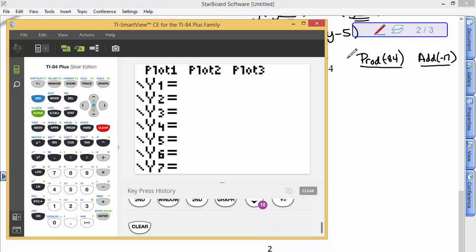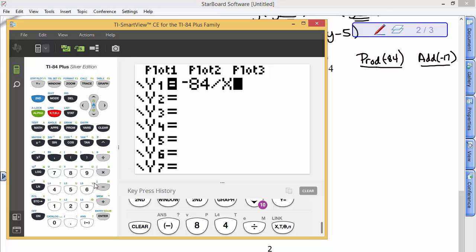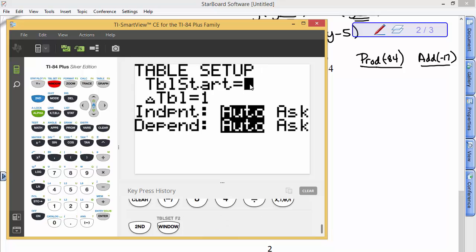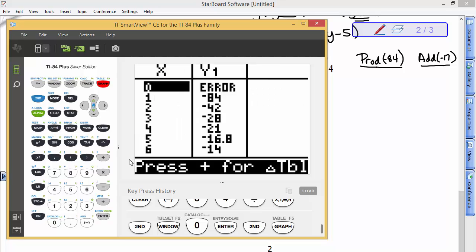If you tell the calculator to take a negative 84 and divide it by a number, x, and you ask the calculator to start at 0 and go in increments of delta of 1, and then you look at a table of numbers, you see that 1 times a negative 84 is 84, 2 times a negative 42 is 84, 3 times a negative 28 is 84, and it just keeps going up for you.